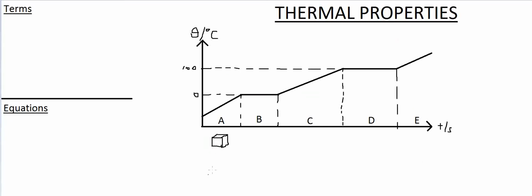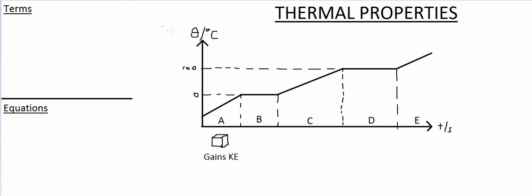So this is an ice cube, and in this region, it gains kinetic energy. So basically the particles in the ice just vibrate more vigorously as you raise the temperature.